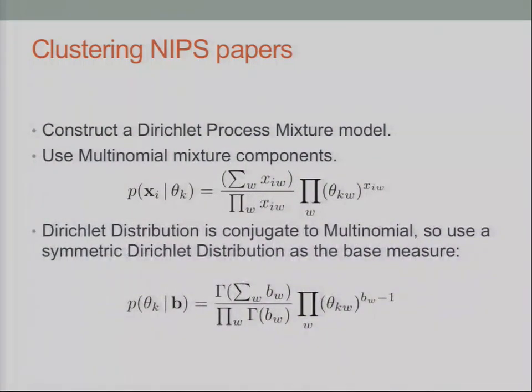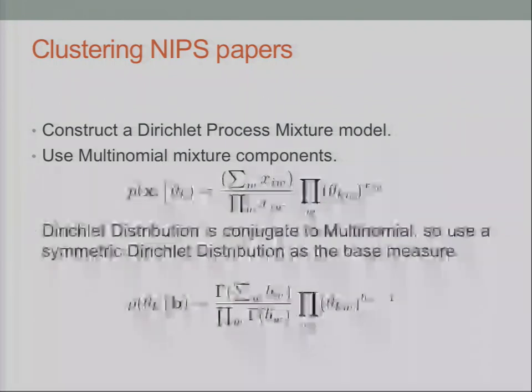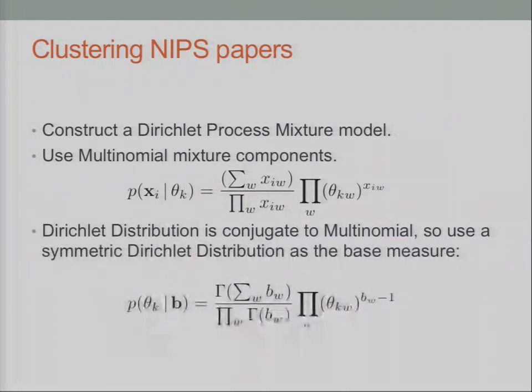So we can construct a Dirichlet process mixture model for this data. Since we have words and the number of words, this is discrete data, so we use a multinomial mixture to model the data. And of course, we're using the infinite mixture model.